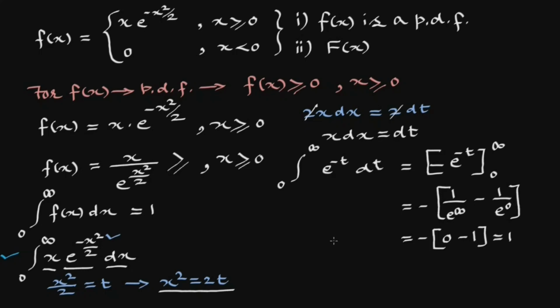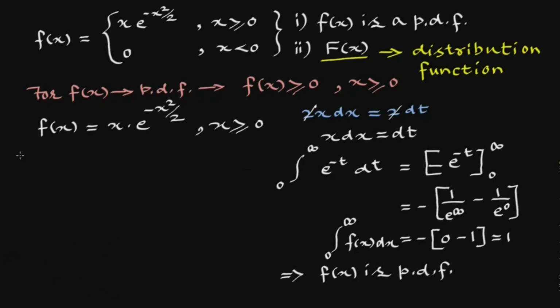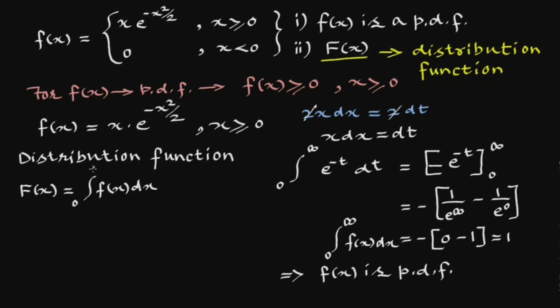And the distribution function capital F(x) is the integral of f(x) dx from 0 to x, which is the integral of x into e raised to minus x square upon 2 dx.